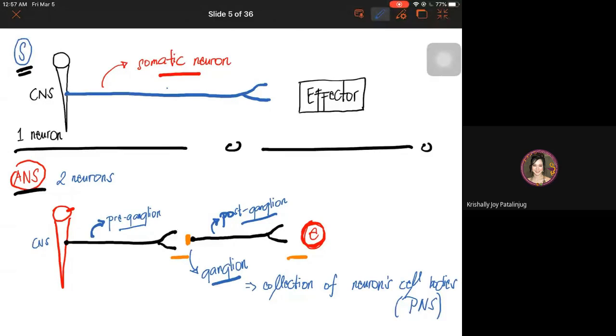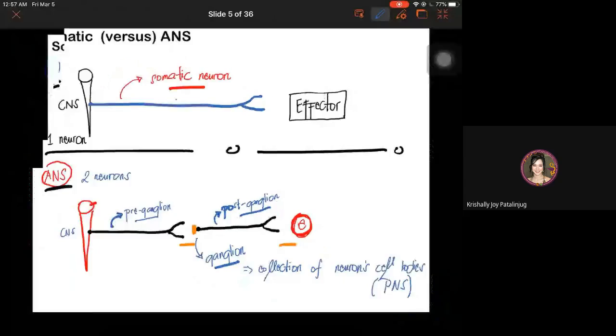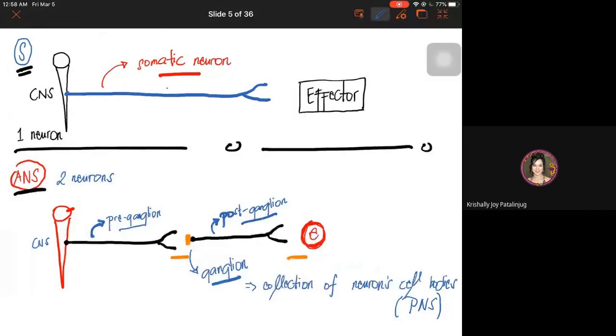Again, when we say ganglion, it is defined as the collection of neuron cell bodies found in the peripheral nervous system. Now, please take note, class, that ganglion is exclusively found in the ANS. Yung ganglion, exclusive lang siya na makikita sa autonomic nervous system, sa two neuron setup ng autonomic nervous system.